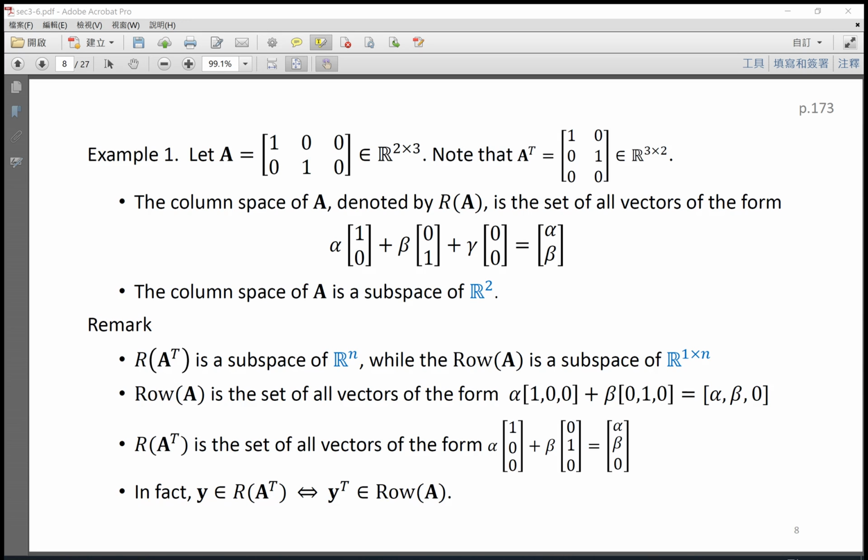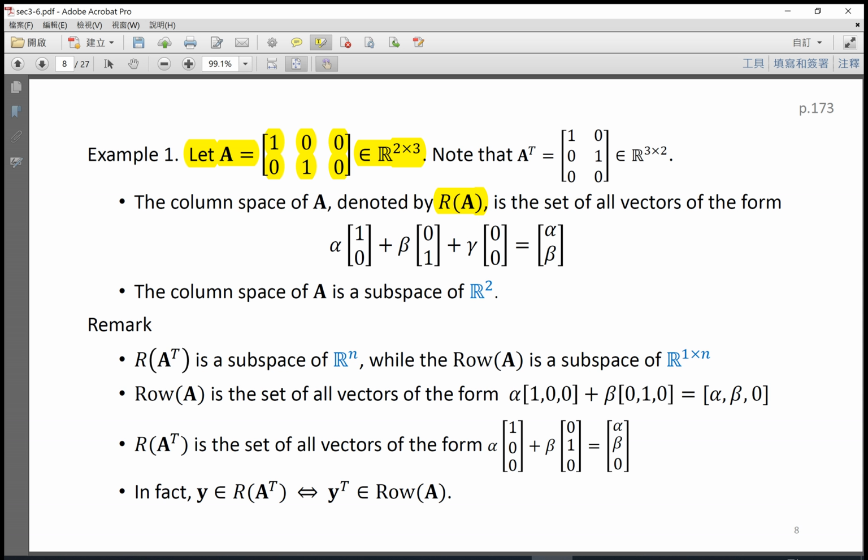I will use Example 1 to illustrate the column space and also illustrate the relationship between R(A transpose) and row(A). Let A be a given matrix in R^(2×3), and our goal is to compute the column space of A, which is denoted by R(A).